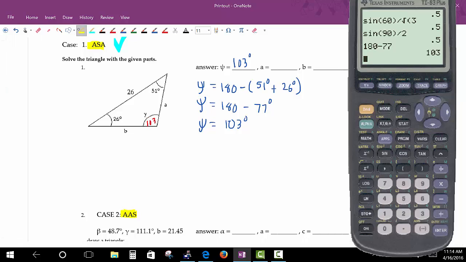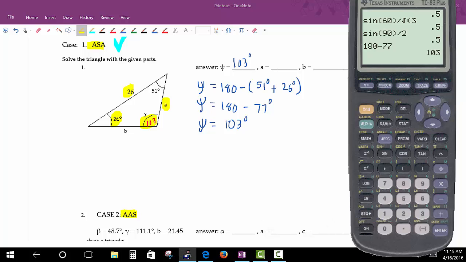So the idea on law of sines is you have to match an angle with an opposite side. Then you have to have another angle and then an opposite side. So I'm going to start by finding side A in this. So the 4 things that I highlighted are going to be, we're going to be able to write a proportion.